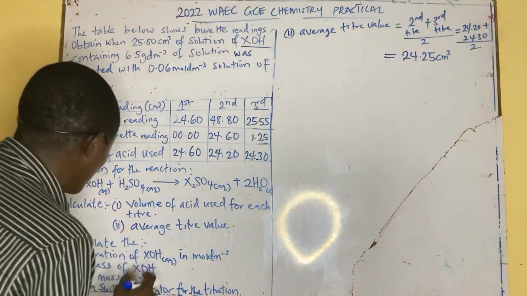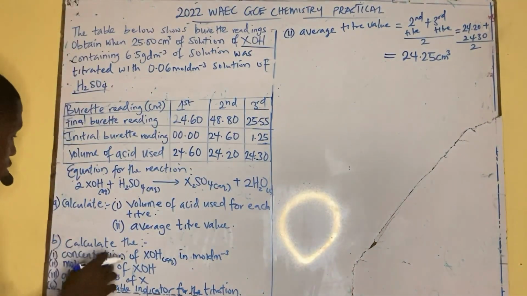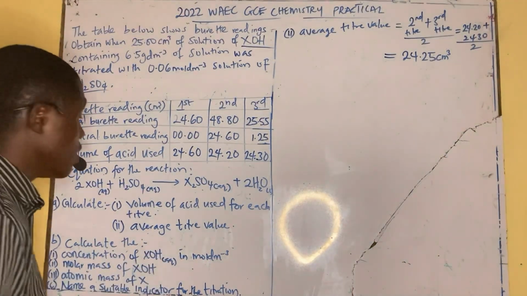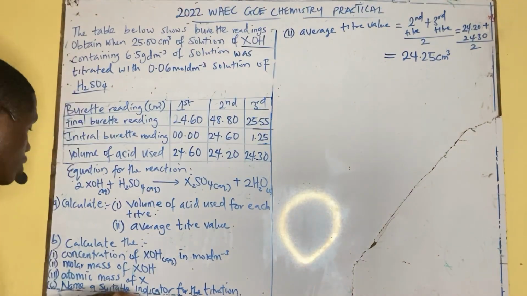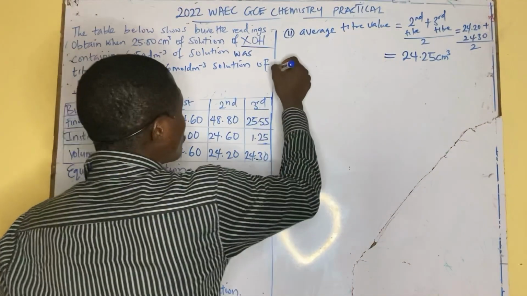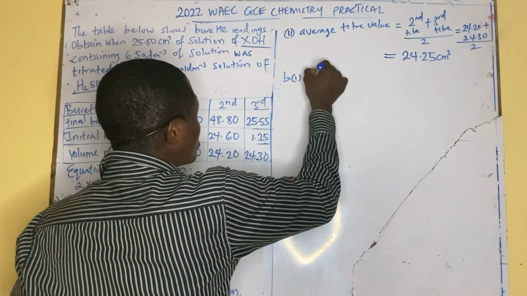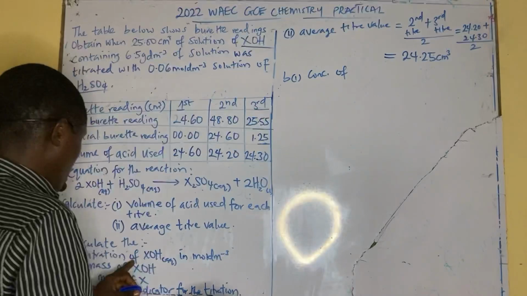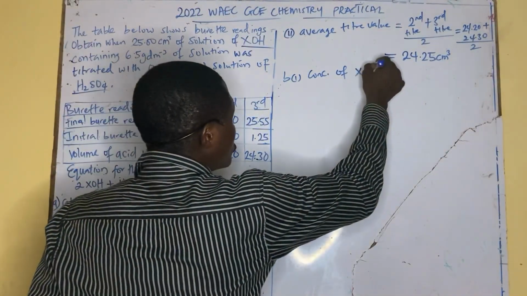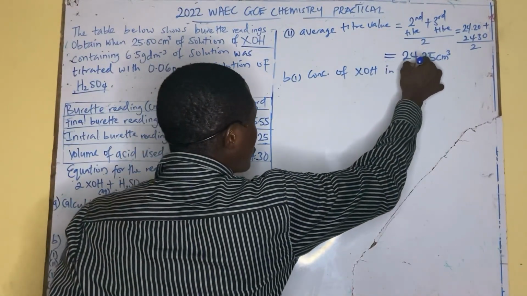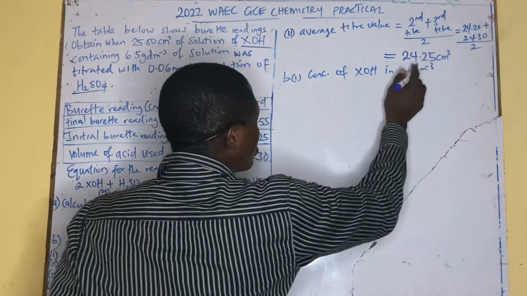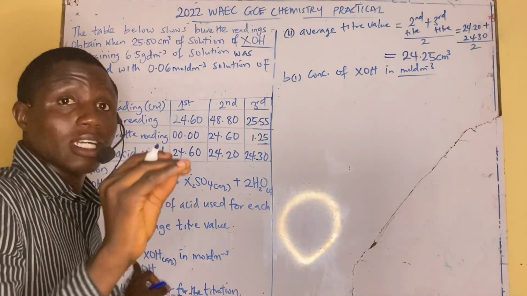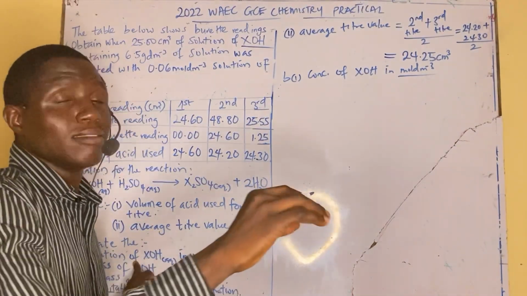So now the next thing is to calculate the concentration of XOH in mole per dm³. It's very important, this concentration, because we have two types of concentration: gram per dm³ and mole per dm³.